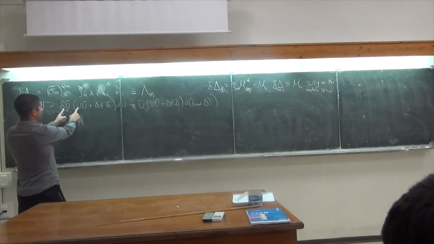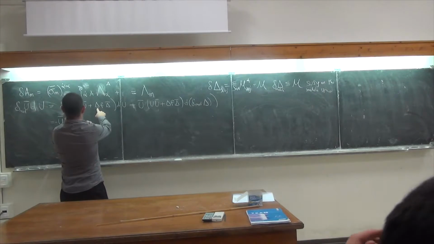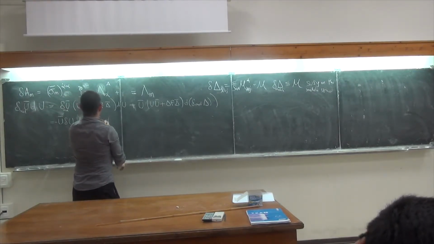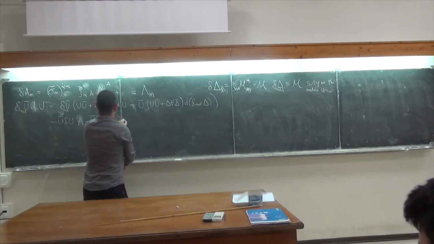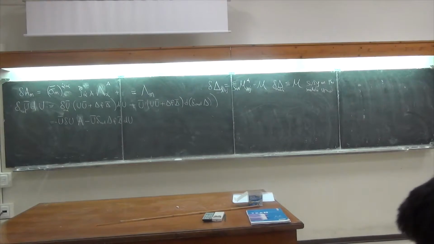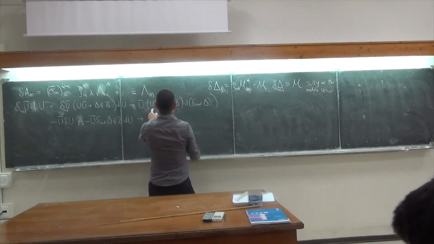This was this term. This term here, I can always bring here this U bar delta moduli of delta F U bar dU. And here the same. Plus this guy.